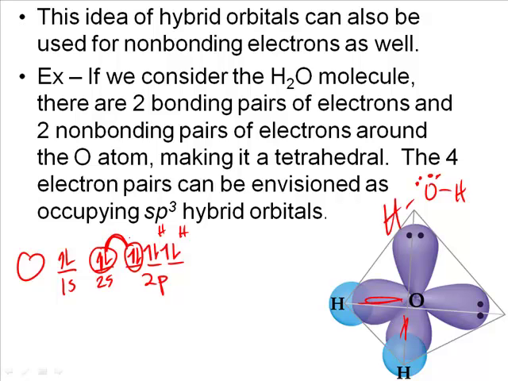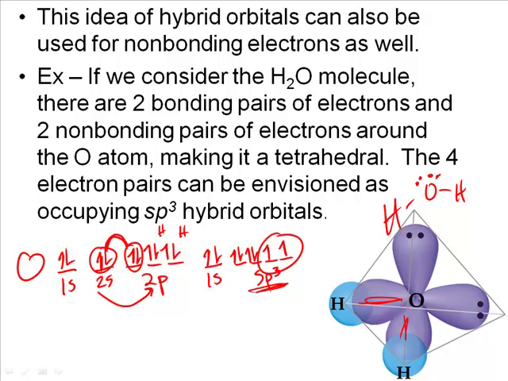Here are our 2 non-bonding pairs, but again, we know that those are equivalent. Therefore, this one and that one have to come together. So you've still got 1s2, and then you've got sp3, 4 of which are non-bonding, and then these are the ones that form the bond with the hydrogens.